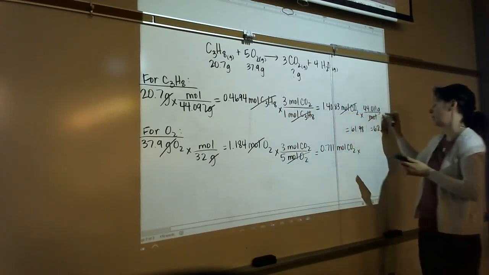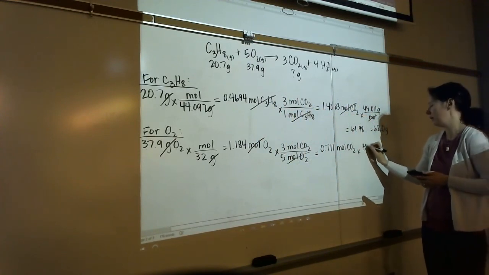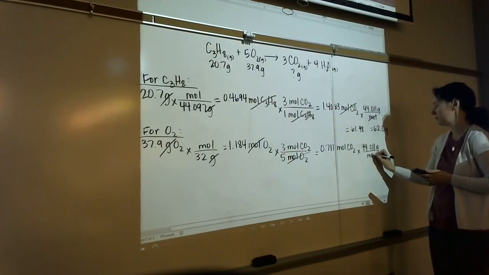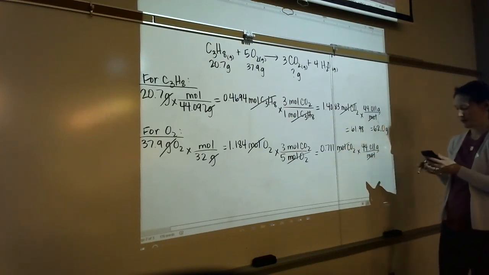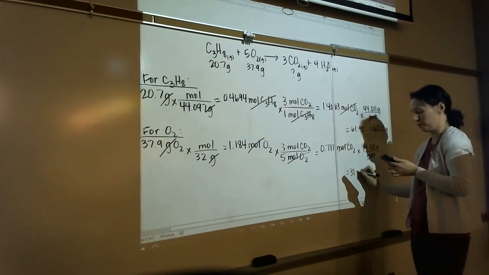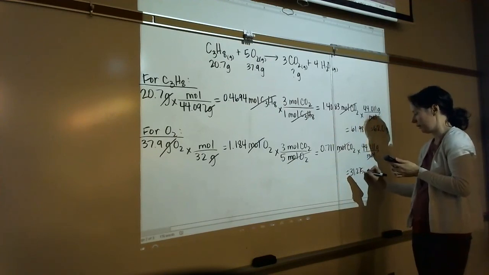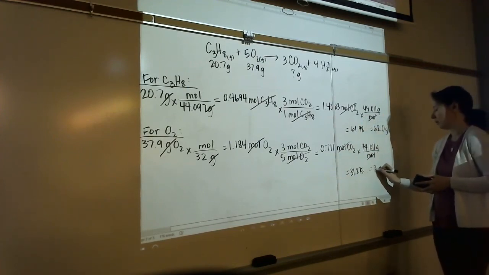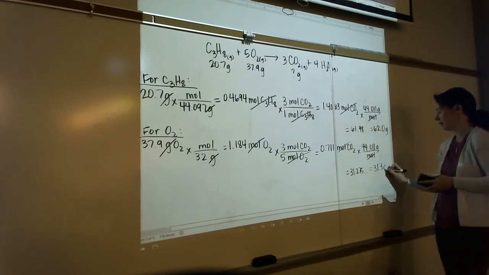And now molar mass here, we've already calculated, we don't need to calculate it again, 44.011 grams per mole. So times 44.011. So this gives me 31.275, blah, blah, blah. So when I round this one to 3 sig figs, what will that give me? 31.3 grams.